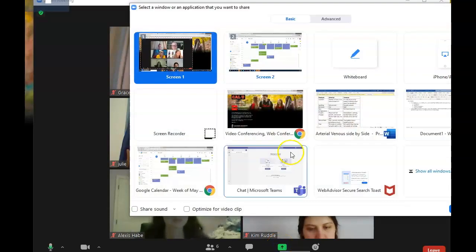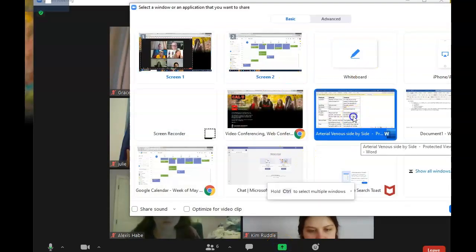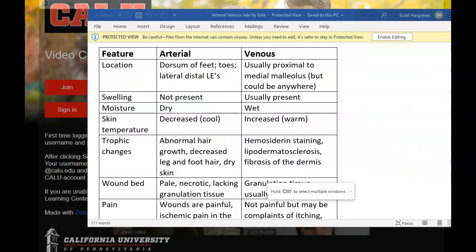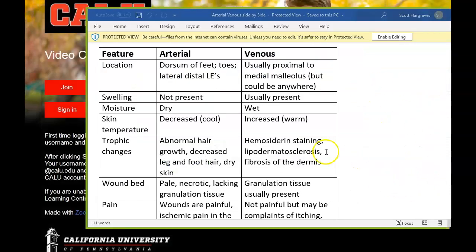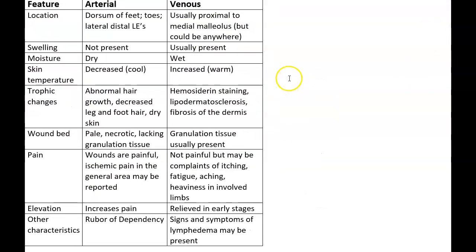I'm going to try and share my screen here. I want to pull up a Word doc. All right, you able to see that? Yeah? Okay, good. So just side by side, let me expand this. Side by side comparing arterial and venous wounds.